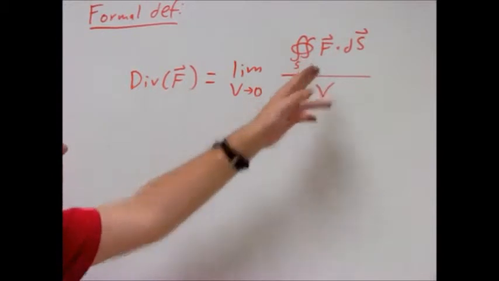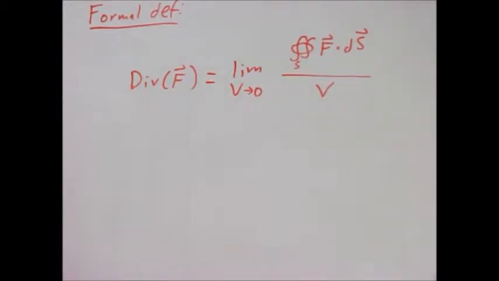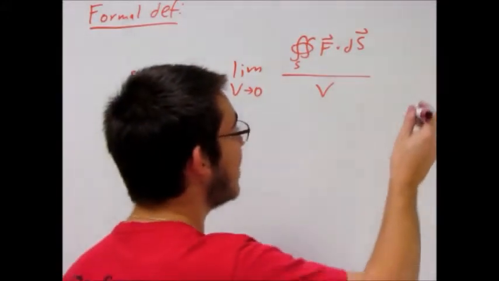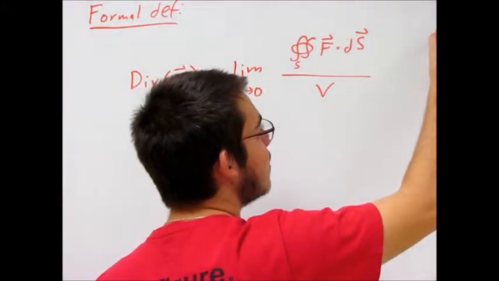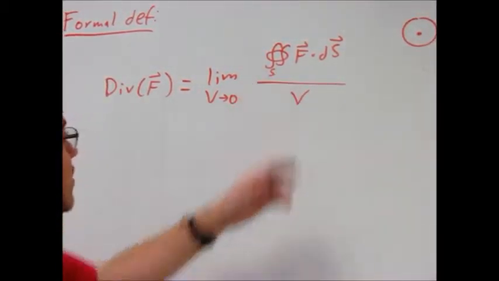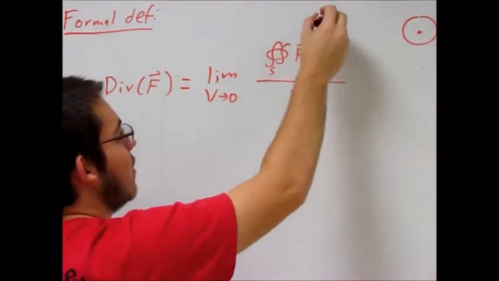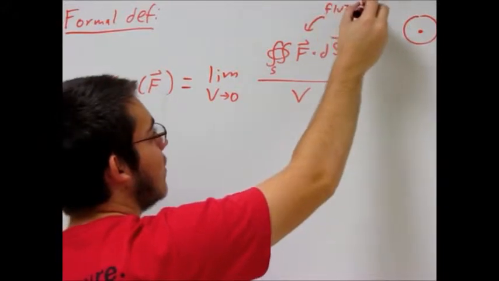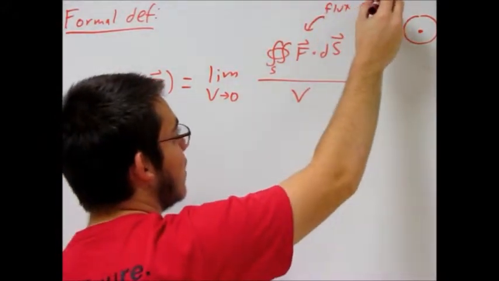And this is a surface integral, which I've not talked about yet. But basically, I'm just showing this as a visualization. It's basically the flux of f, of your vector field.